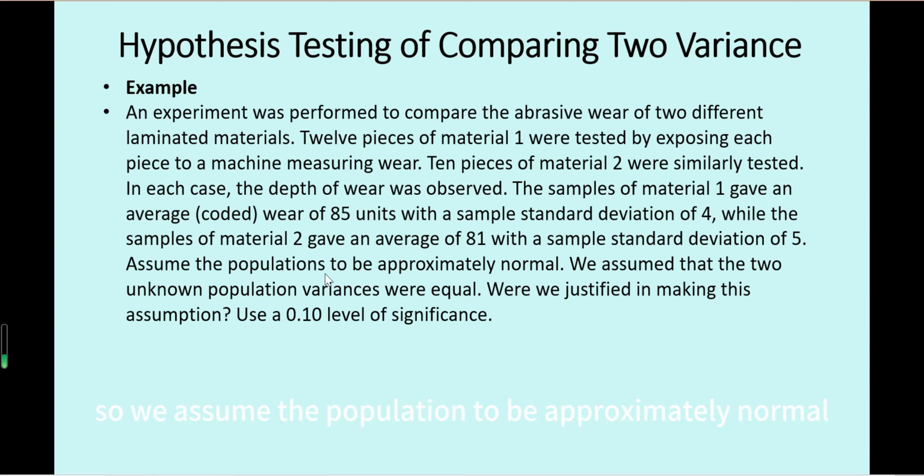We assume the populations to be approximately normal, and we assume that the two unknown population variances were equal. So the question is, were we justified in making this assumption? Use a 10% level of significance.